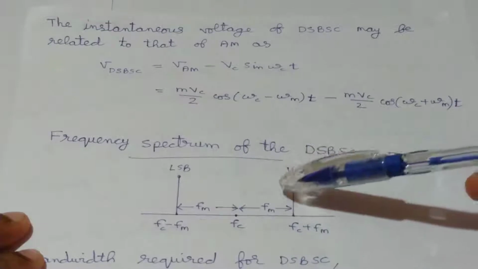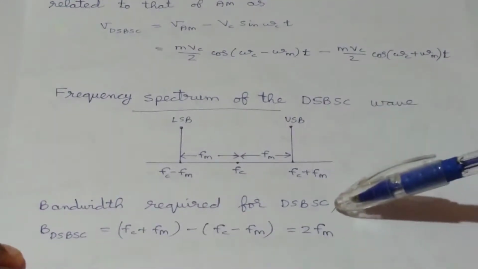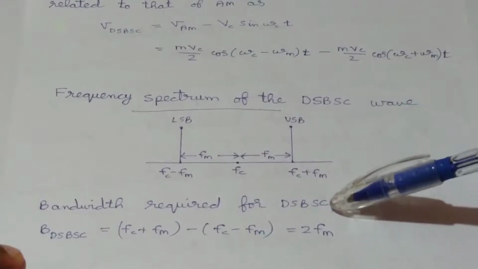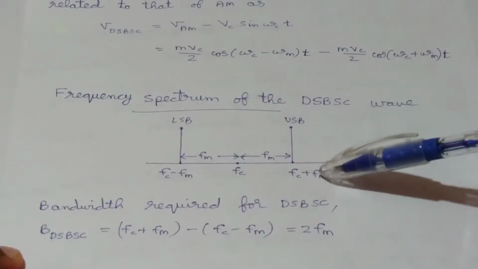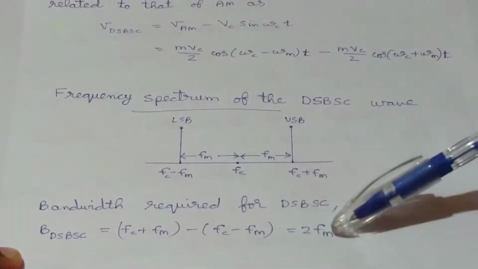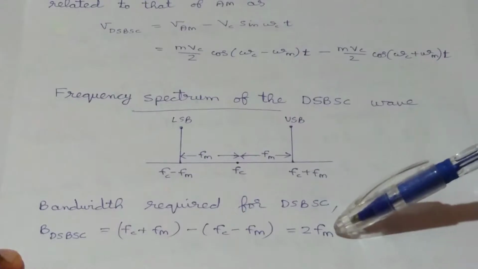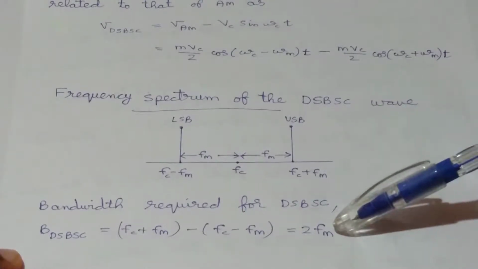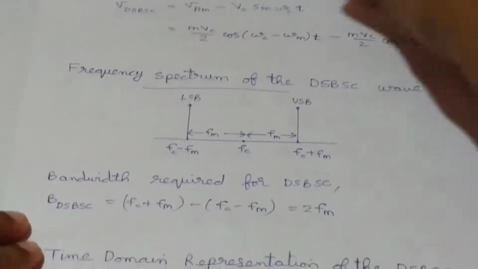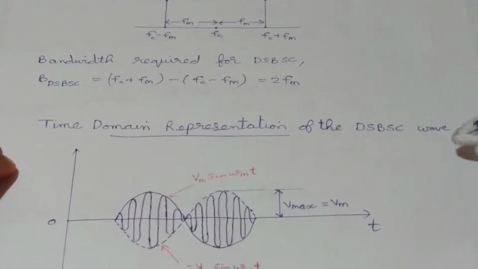Then from this frequency spectrum we can calculate the bandwidth required for this technique. The bandwidth required is FC plus FM minus FC minus FM, and that is equal to 2FM. And we can see the bandwidth required in this case is the same as the bandwidth required in the case of basic amplitude modulation. Let's now consider the time domain representation of this double sideband suppressed carrier wave.